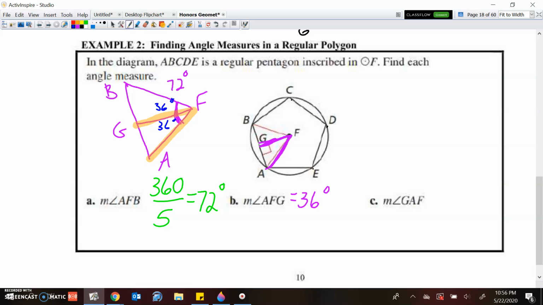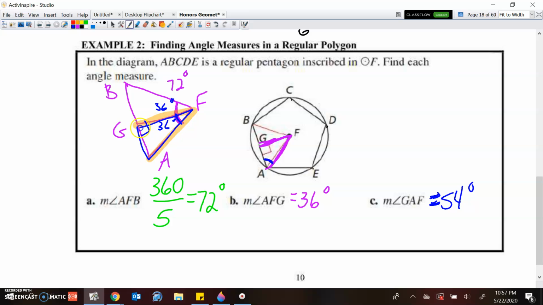And then the last thing they want is the measure of angle GAF, so that's this angle in here. If this is 36 degrees and this is 90 degrees, then by the triangle sum theorem or one of the corollaries, this is going to be 54 degrees.